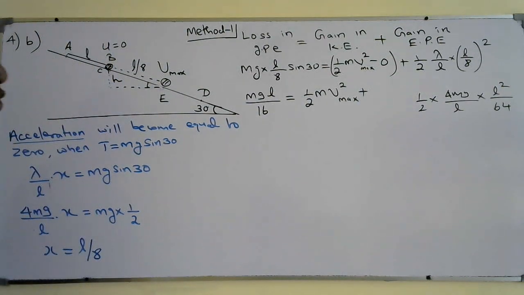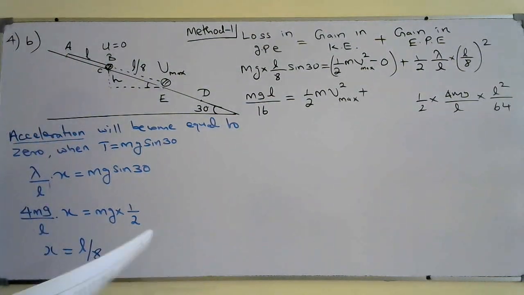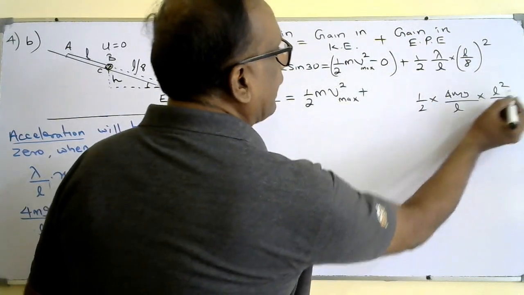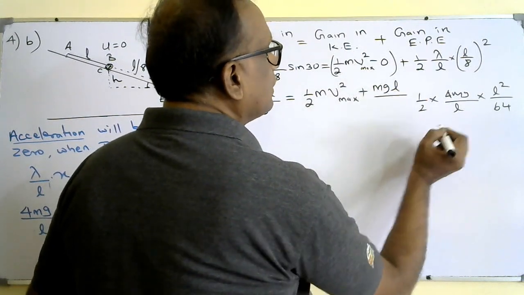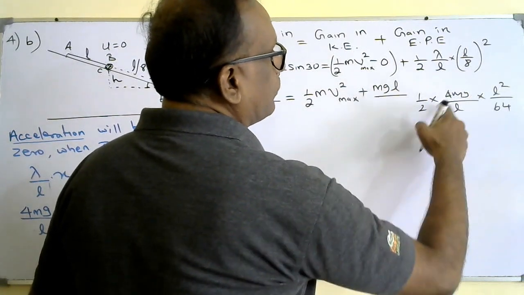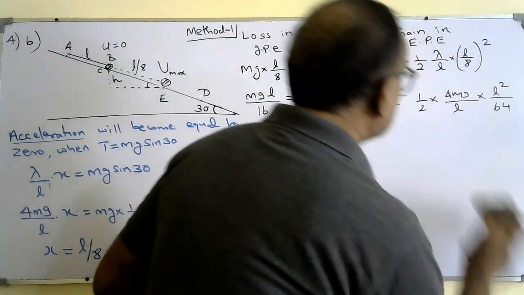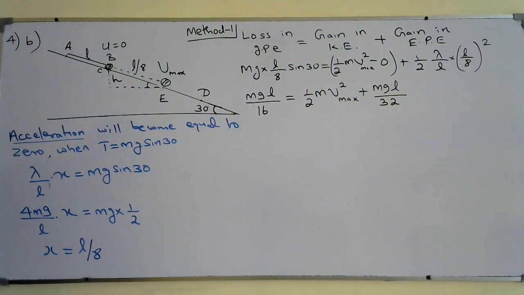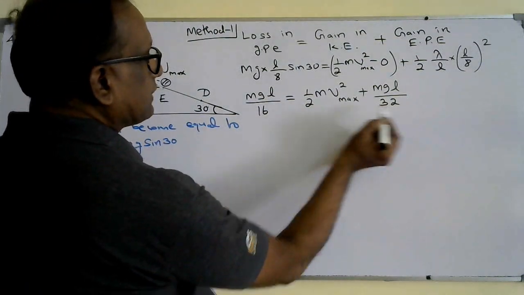So the 2 and 2 become 32, L squared and L cancel, giving mg L over 32. Check it and solve.